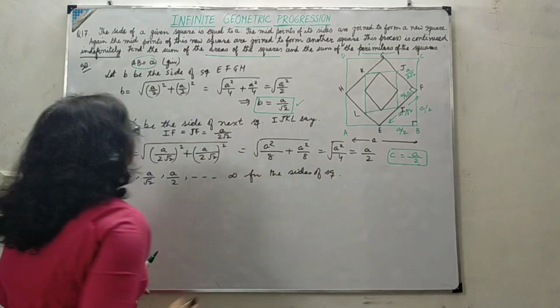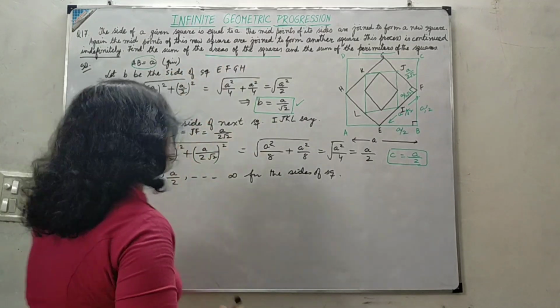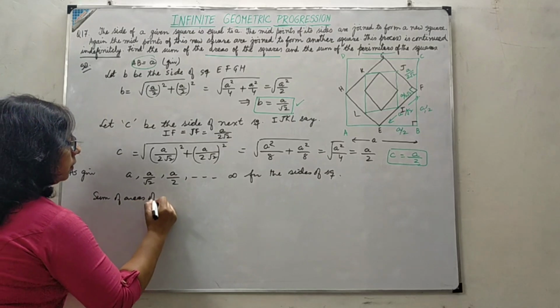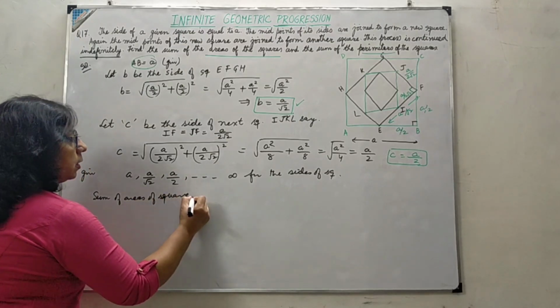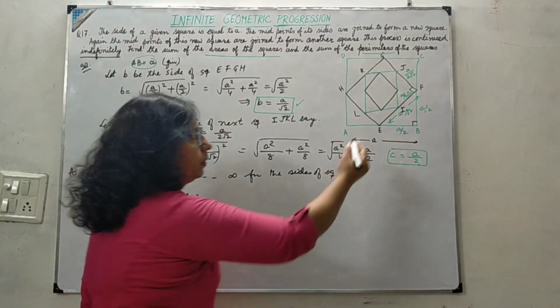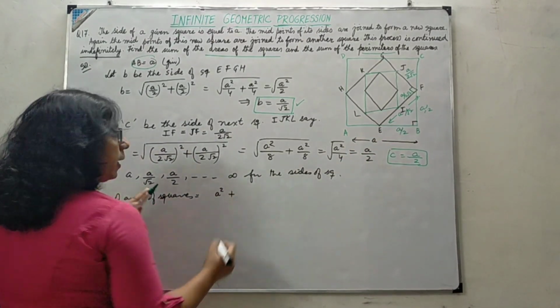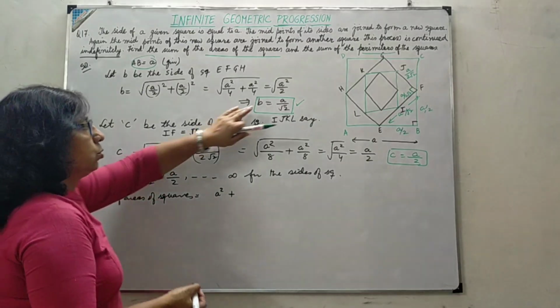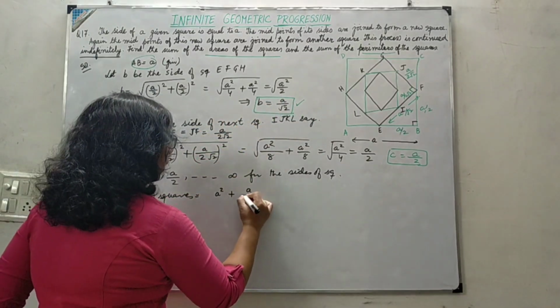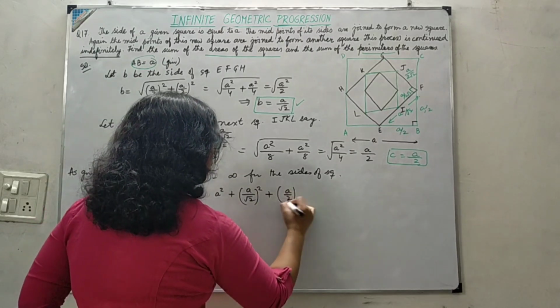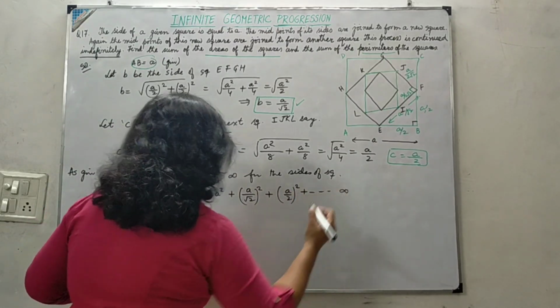Now, we want to find the sum of the areas of the squares. So next we will find the sum of the areas of squares. The area of the first square is A square. Next, the area of the second square, whose side is A by root 2, is A by root 2 whole square. Then next is A by 2 whole square, and so on up till infinity.